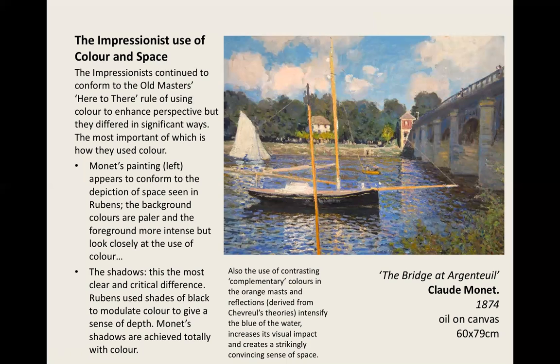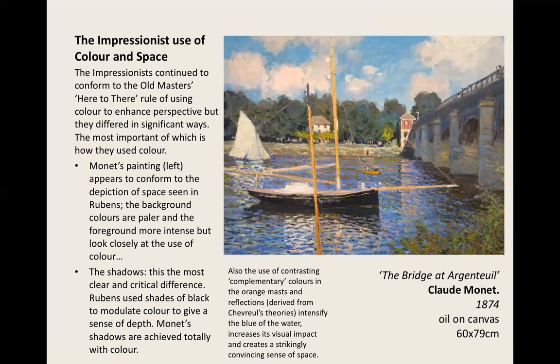When you have an orange next to a blue, it makes the orange seem more orange and the blue seem more blue. It's something that Van Gogh used an awful lot. If you look at Van Gogh, you'll see this repeats again and again, his use of orange and blue. They create a real intensity between the two, and they understood that.